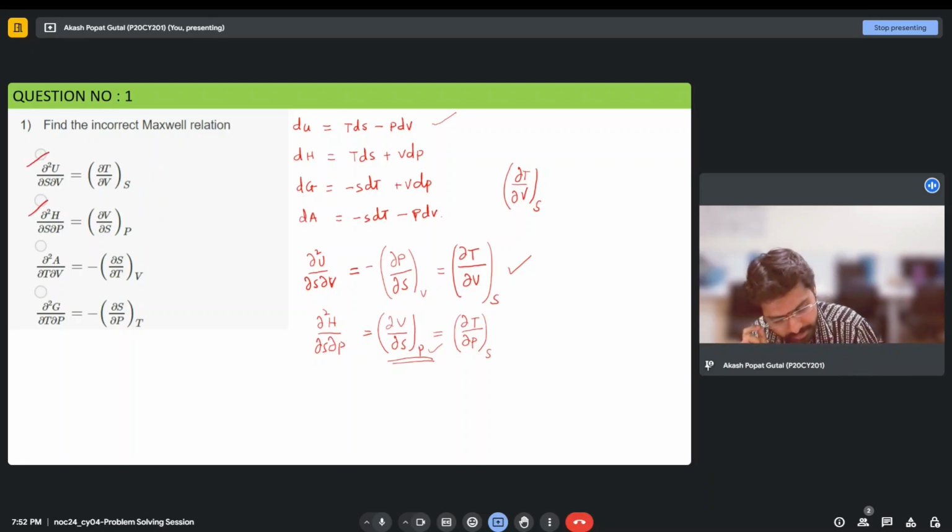And the third one, you see, is del A by del T del V. If you differentiate it with del V, it will be minus P. Again, del T will give minus del P by del T at constant volume.